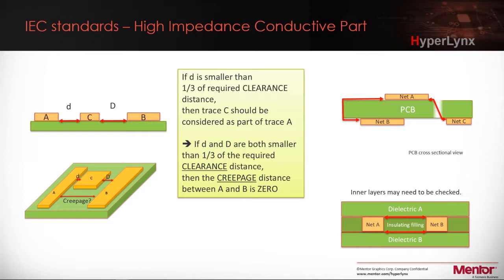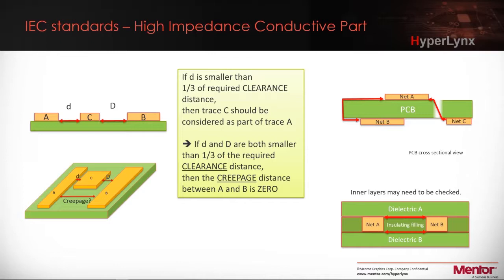With the 1/3 rule, first we need to measure the clearance distance, not creepage distance, the clearance between A and C, and then the clearance between B and C. These are going to be our lowercase d and our uppercase D distances.